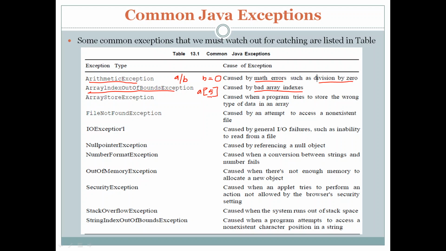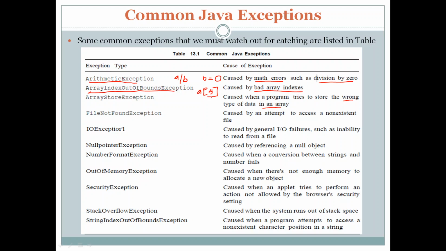Then we have array store exception. This array store exception is caused when a program tries to store the wrong type of data in an array. Whenever we declare an array it is declared with a type.